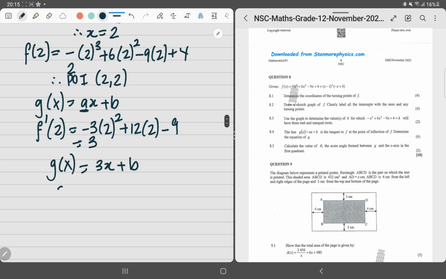I'm going to substitute that (2, 2), the point of inflection. Therefore, g of x should be given by 3x minus 4.